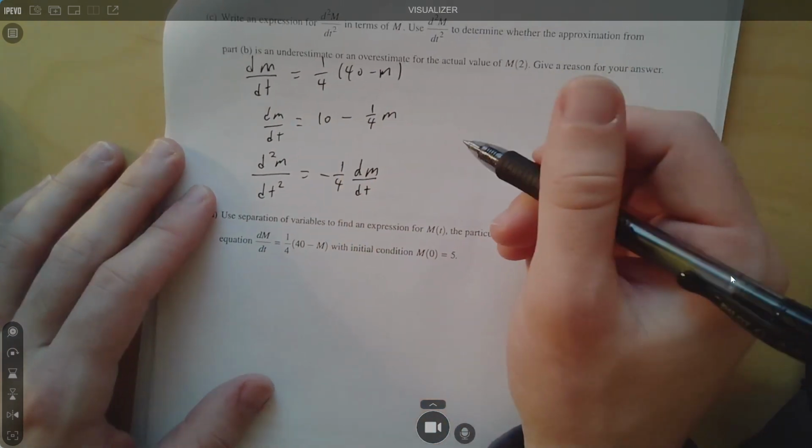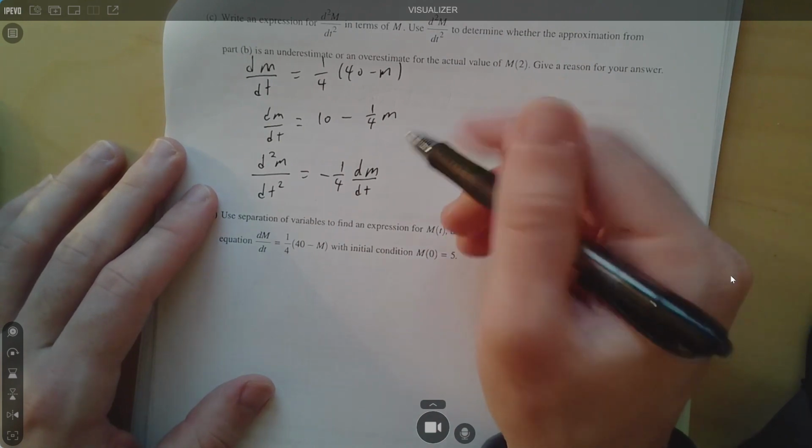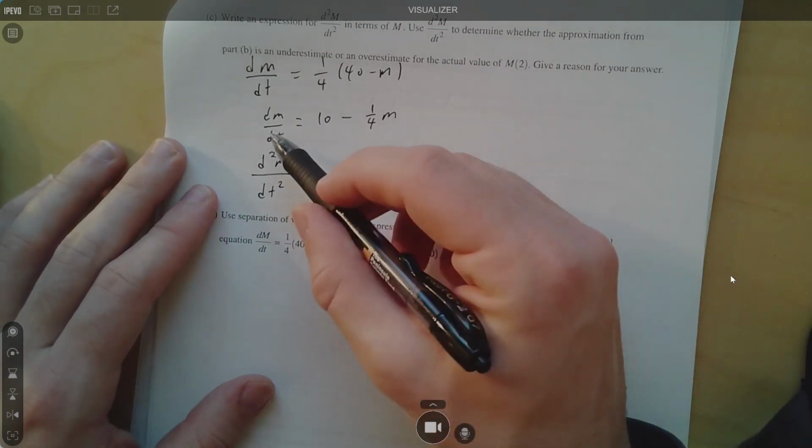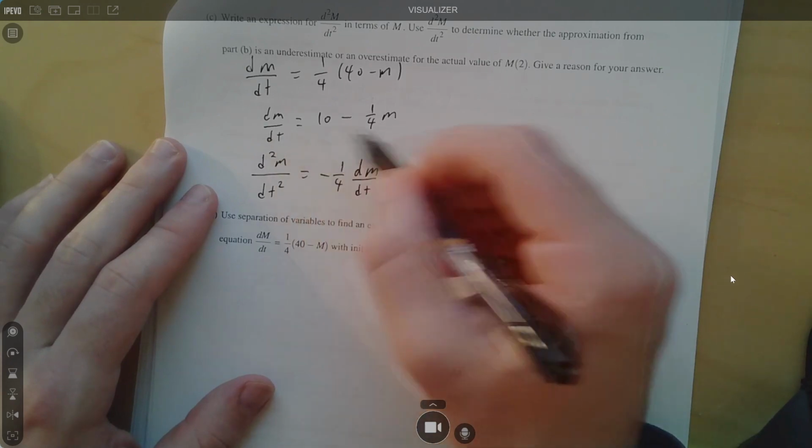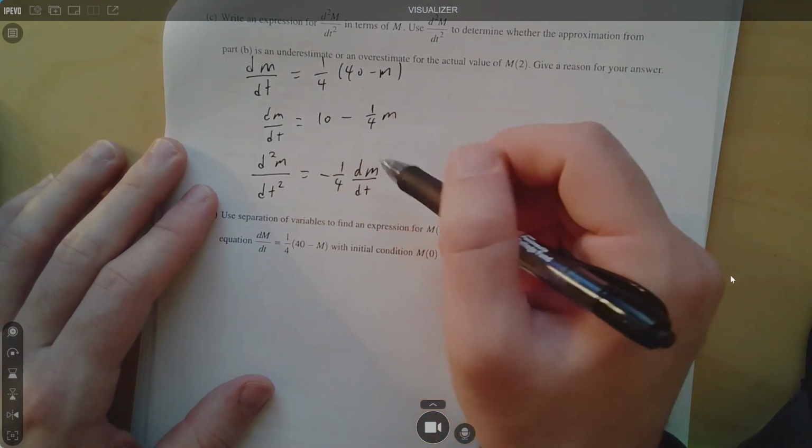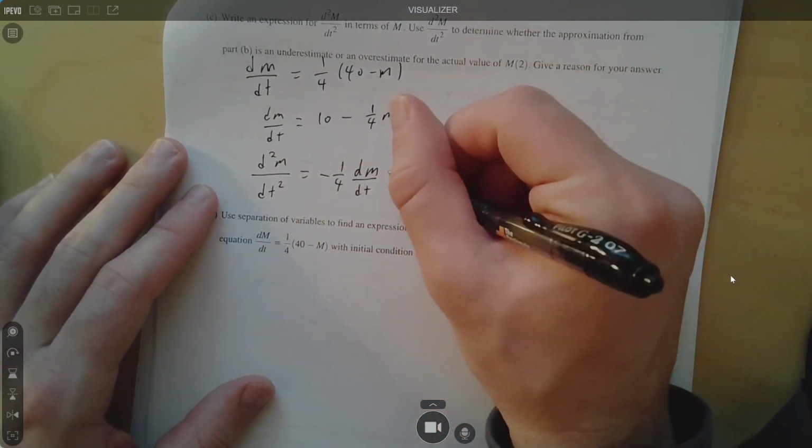So this might be confusing to you because why is that dm/dt? Well, it's because we're differentiating with respect to t. This is implicit differentiation right now. That's why that's dm/dt.